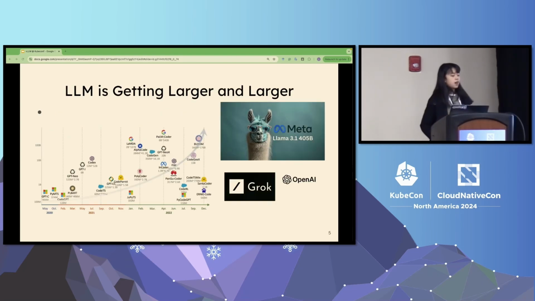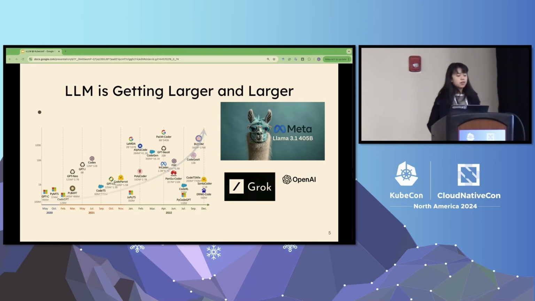So first, as we all know, the past few years have witnessed the rapid growth of model size, like large language models. So if you look at the timeline here, we can see notable models like GPT-3, Bloom, each progressively larger than its previous generations.